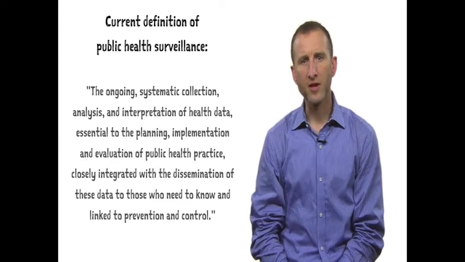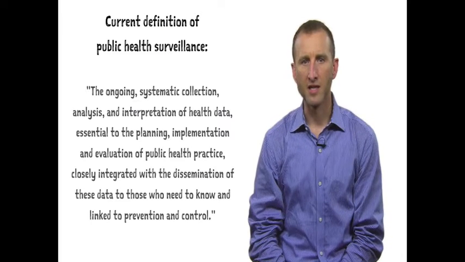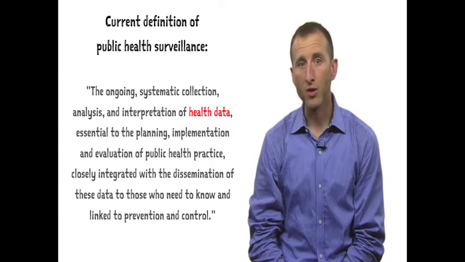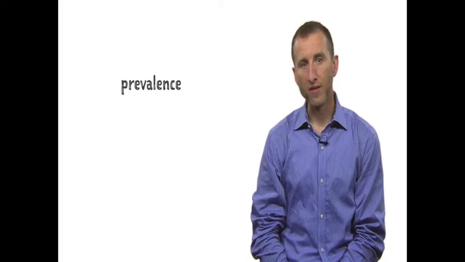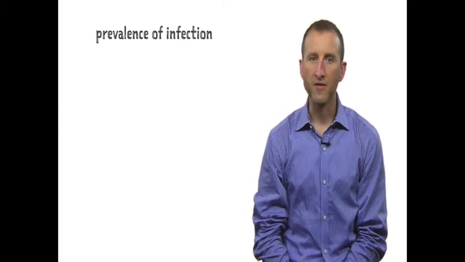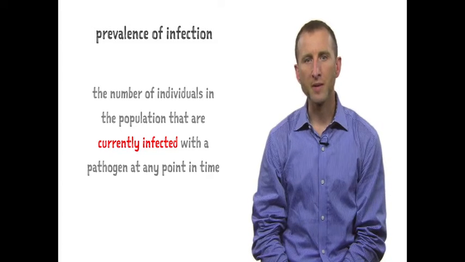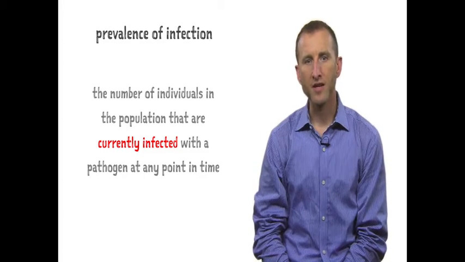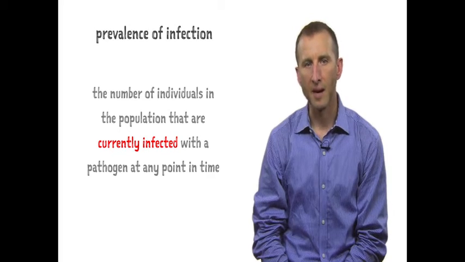For the purposes of understanding infectious disease epidemiology, the health data that we are most often concerned with are the prevalence or incidence of infection. The prevalence of infection is the number of individuals in a population that are currently infected with a pathogen at any point in time.